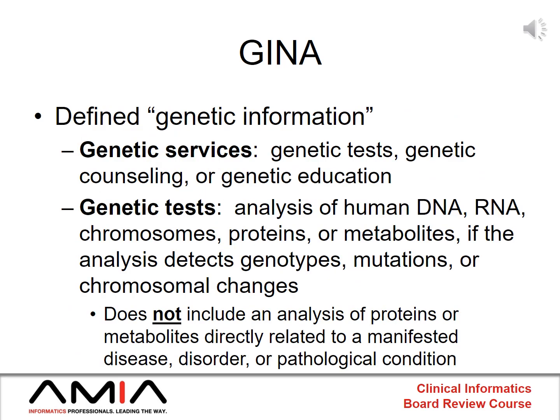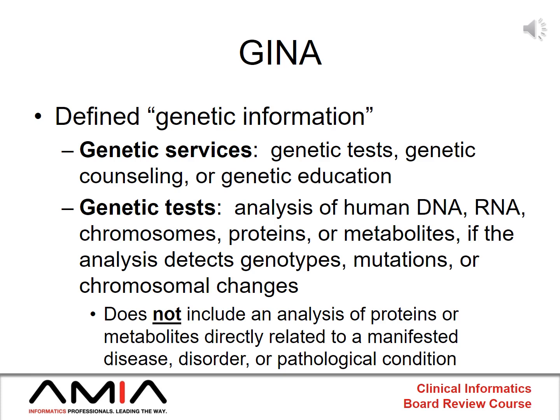As you can see from this slide, genetic information is defined under GINA very broadly. If you take a conservative approach to this definition, then practically any genetic information on the patient has to be treated the same way as a patient name or medical record number.